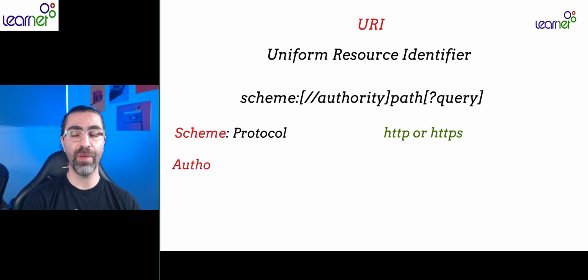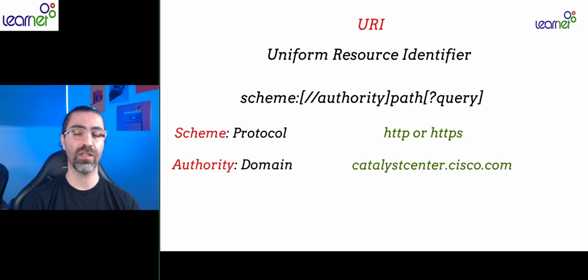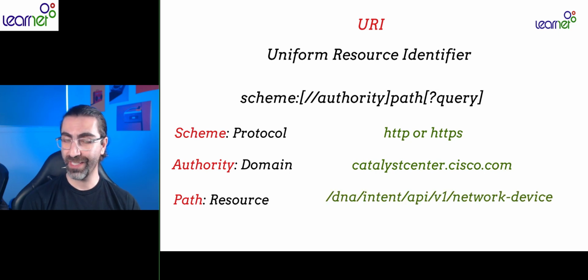Authority is your domain, mainly your FQDN, like catalystcenter.cisco.com, or whatever the IP address or the host name of the REST server you want to refer to. And the path is the specific resource on that REST server you want to access.